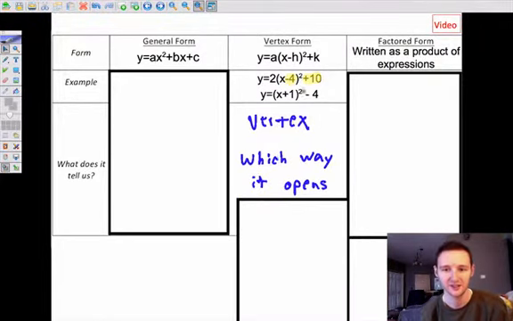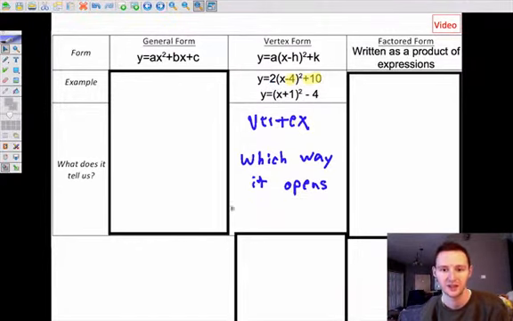The second thing it tells us is which way it opens. You'll notice that on this first one there's not a negative, so it has not been reflected at all. So this one has to open up. This one also, and I forgot to put it on here, tells you the scale factor.